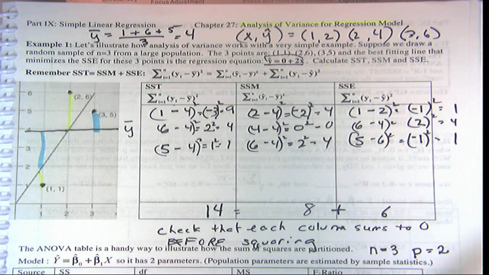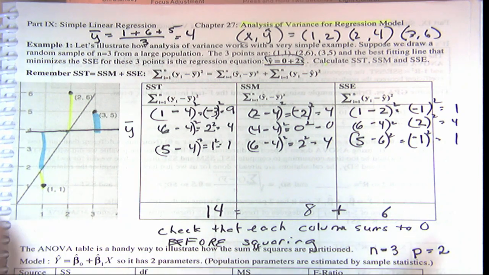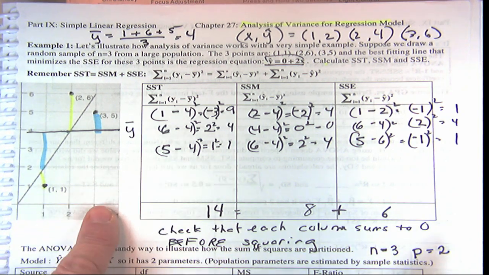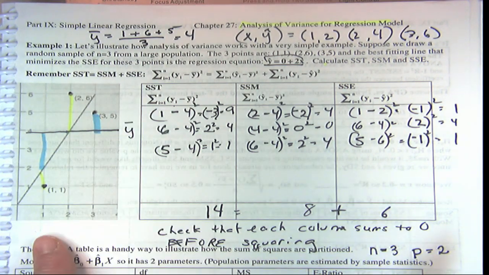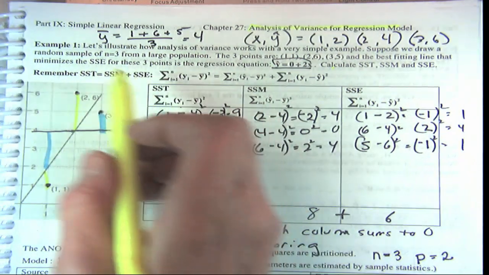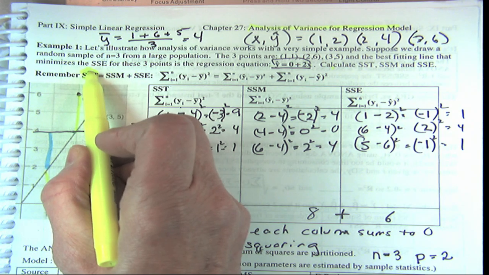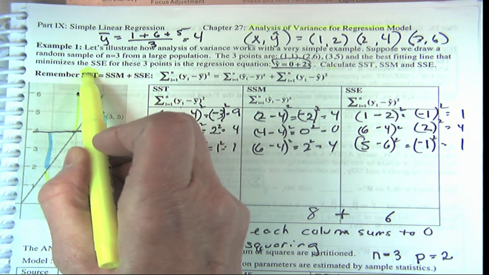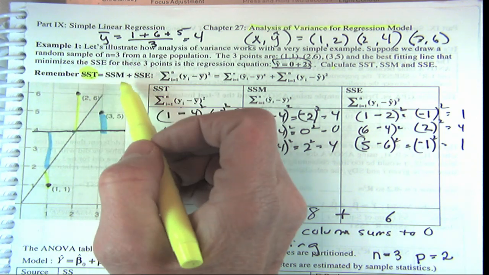I just wanted to illustrate it graphically for you with just one x predicting a y, and we just did it with three simple points here. And remember what we're doing. We're breaking down the total variability of the y variables, so just the 3 points, into two parts.